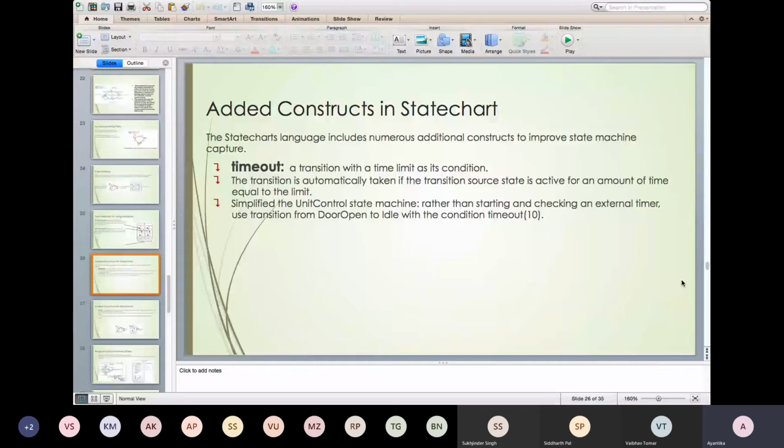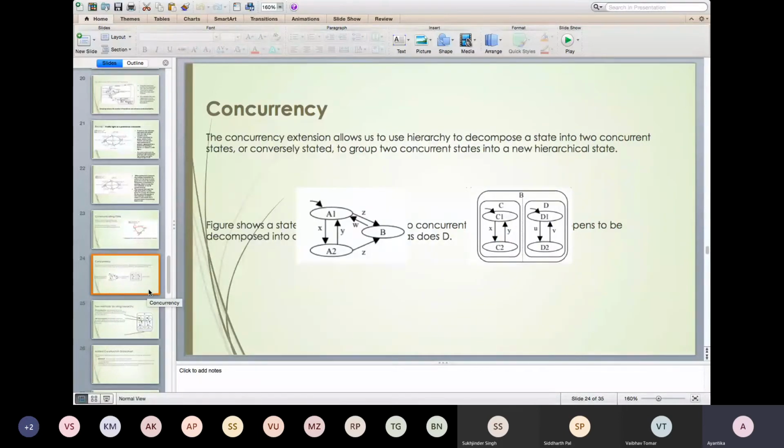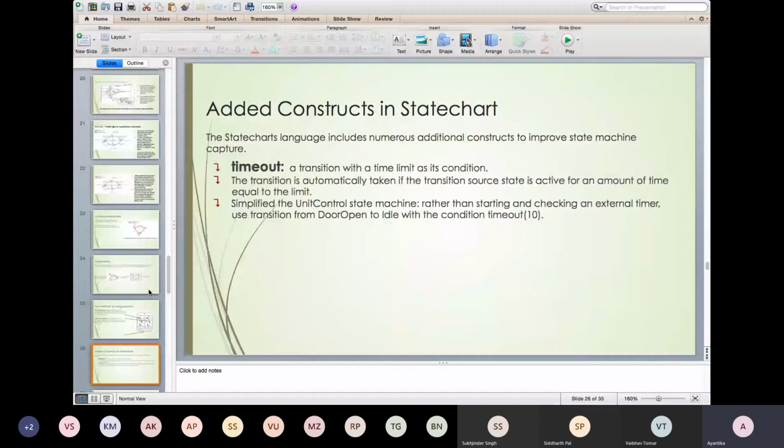Remember when we designed this fire mode, according to our specification, there will be some delay and after that the door will open. When we are actually modeling using these types of software, we are modeling this delay and those things. We can use this timeout or this type of construct. These are a few terms that will be used when we actually use the software.